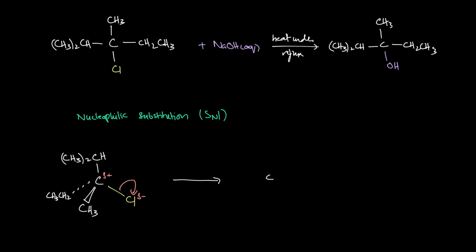So we're going from a tetrahedral carbon to a planar carbon atom. This is your carbocation intermediate.